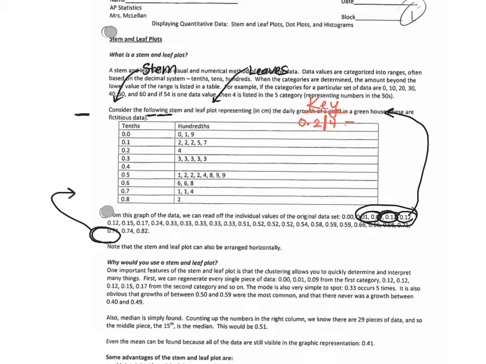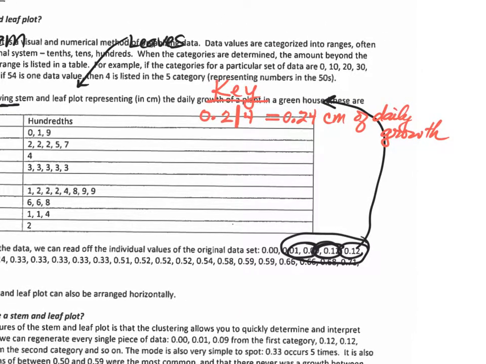Then I'm going to put equals, and what does that represent? 0.24 is what that represents, and I want to include context. Okay, so 0.24 centimeters of daily growth, because that's what it had talked about in the paragraph up above. So with my key, I want to include the context. All right. And so now I know what each one of those pieces of data represents.